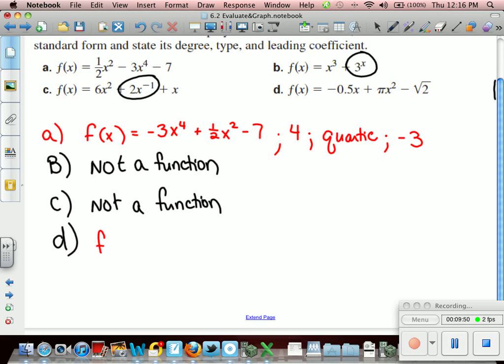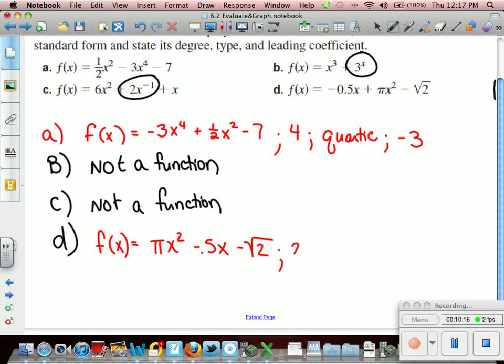So it is a function. Let's write it in standard form. So the highest exponent would be pi x squared. Good. The next one would be? Good. And the next thing would be negative square root of 2. All right. So the next thing it asks me is, what's its degree?